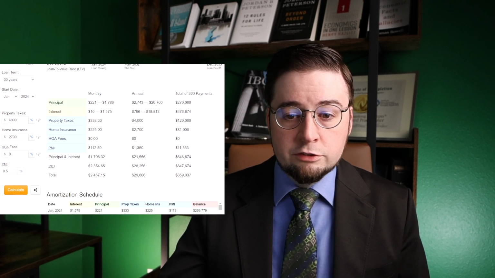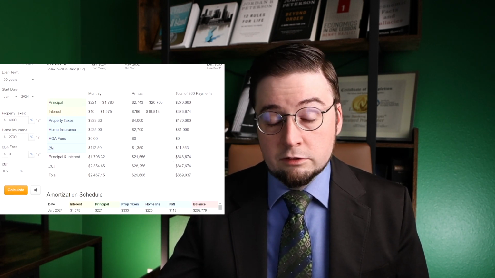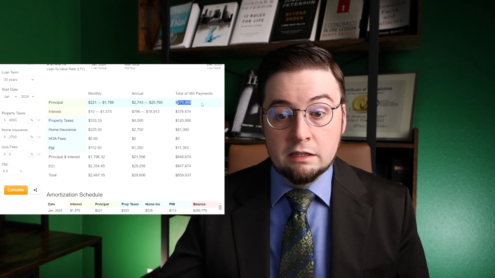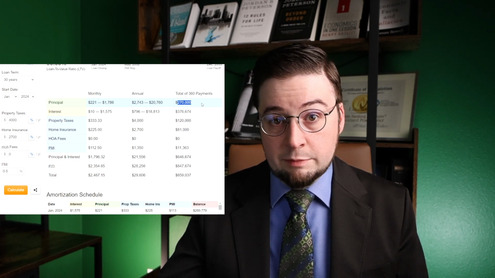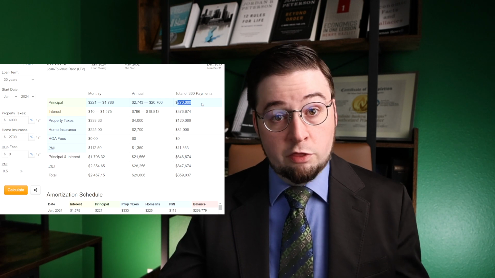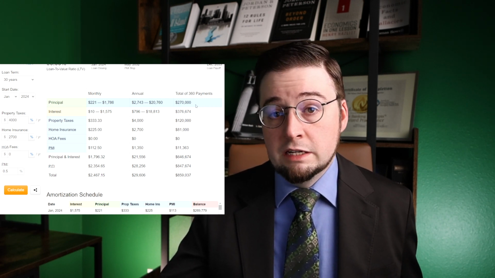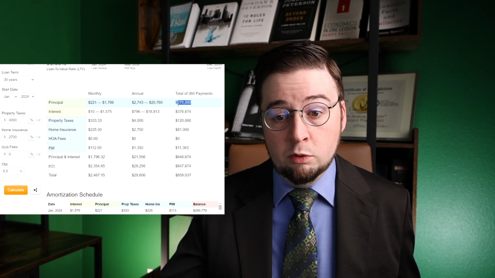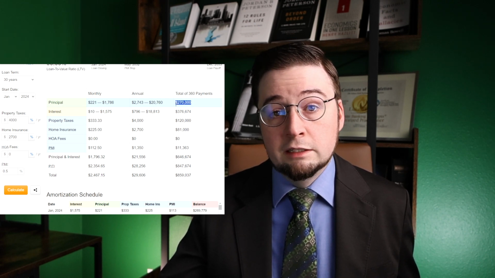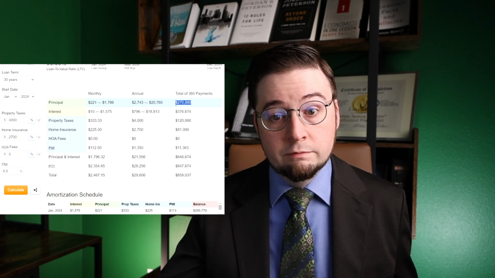This factors in quite a few details. As you can see, there would be a total of 360 payments. That's 12 times 30 years. And you would repay a total of $270,000 in principal. That is the amount that was originally loaned from the bank.